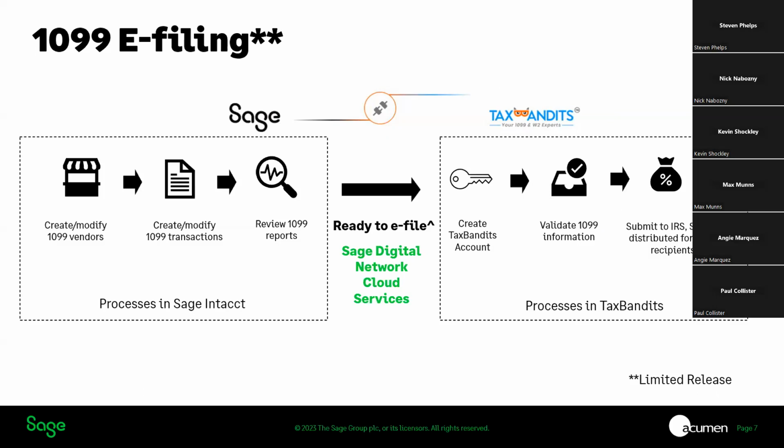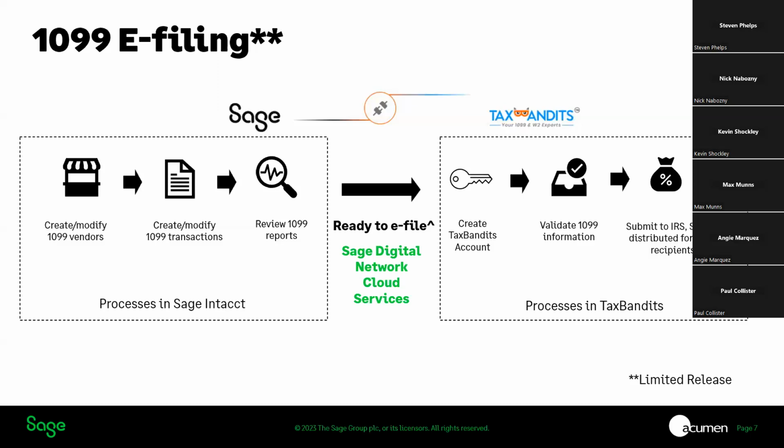There's really two components now. You'll have the Sage Intacct component, which you've always had, which you've always used to print the 1099s or download them and upload the information to file those. But now you'll be able to use Tax Bandits to pull that information in automatically.